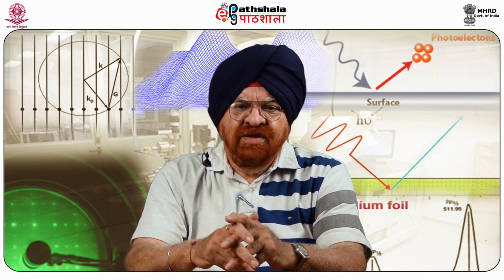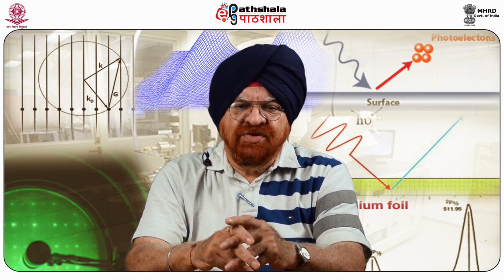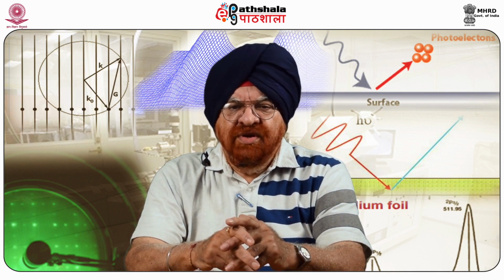The electrons are then scattered at the sample surface. Some of them are scattered inelastically, which results in a variation in their kinetic energy and their momentum as well when we are studying this.